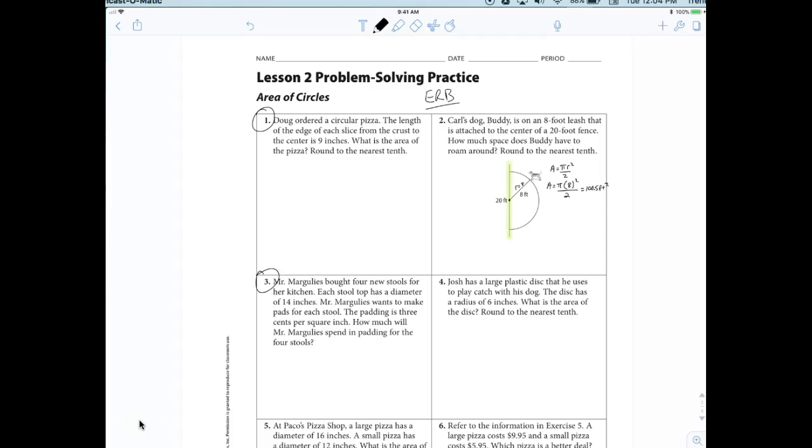Make sure you highlight what you're supposed to do for homework.